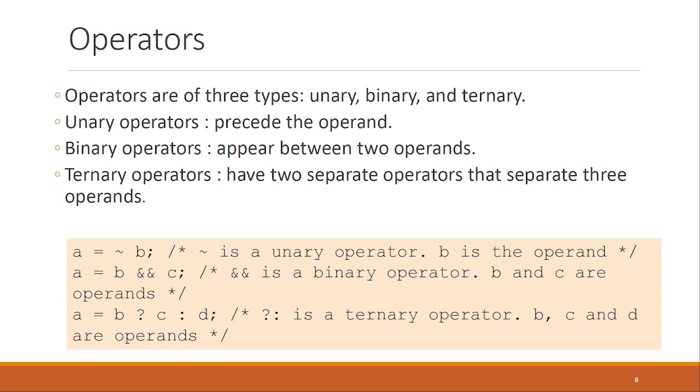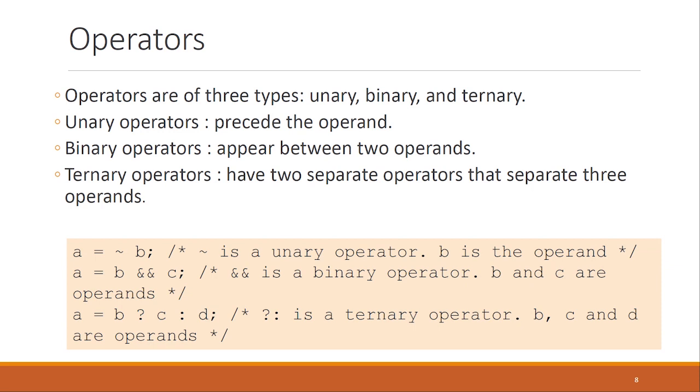Operators in Verilog can be classified into three types: unary, binary, and ternary. This is also very similar to what you see in C. Unary operators precede the operand. You place the unary operator before the operand. Binary operators appear between two operands.